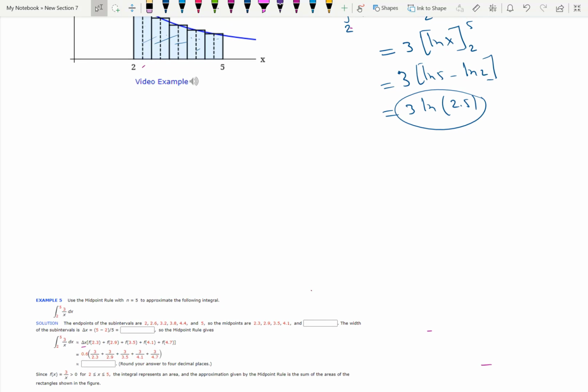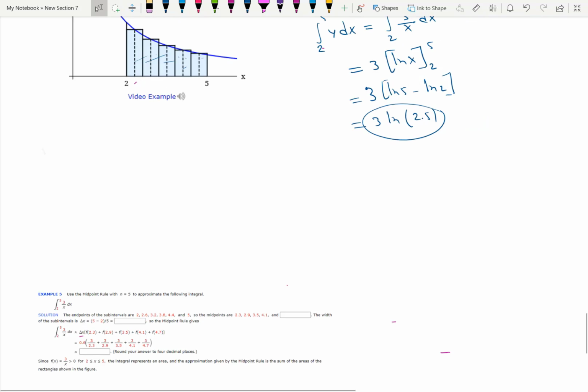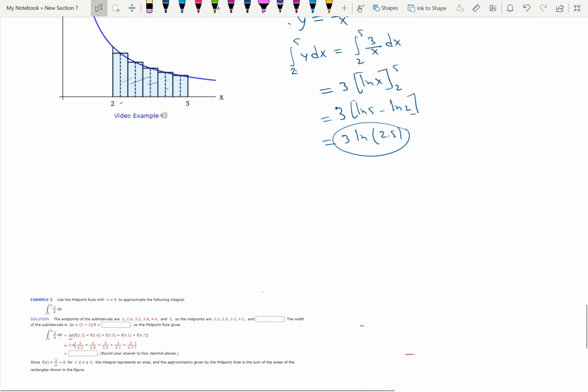So we have the integral from 2 to 5 of 3 over x dx. Our lower limit a is 2, upper limit b is 5, and the number of subintervals is 5.